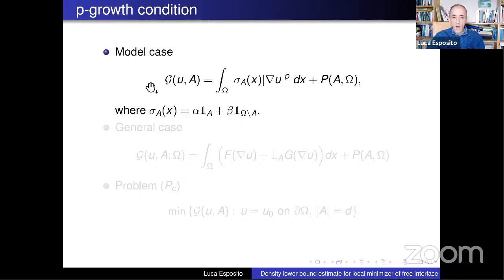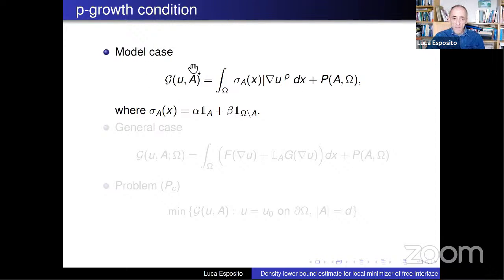If we think about functionals in which the growth of the gradient is not to the square, but is p growth, we have a p growth condition on the gradient.